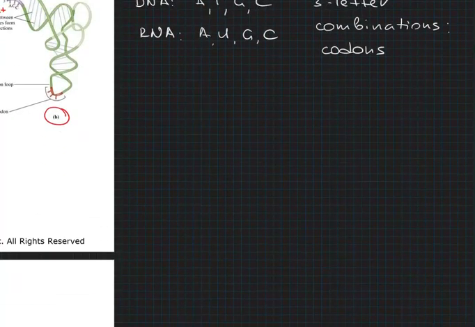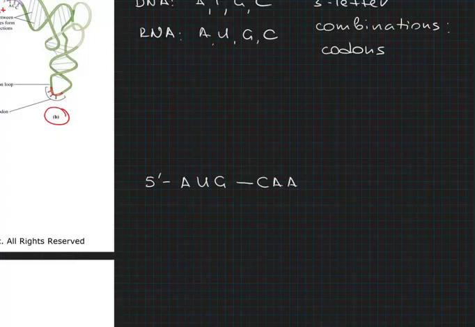So I'm going to write a completely bogus hypothetical RNA sequence, okay? So we have A, U, G, and I'm going to break them. Do you understand what I'm saying? Like I'm going to separate them. So this is the first word. This is the second word. This is the third word, and so on and so forth.